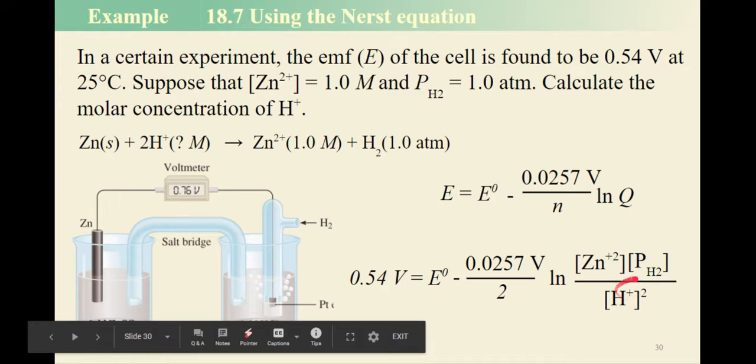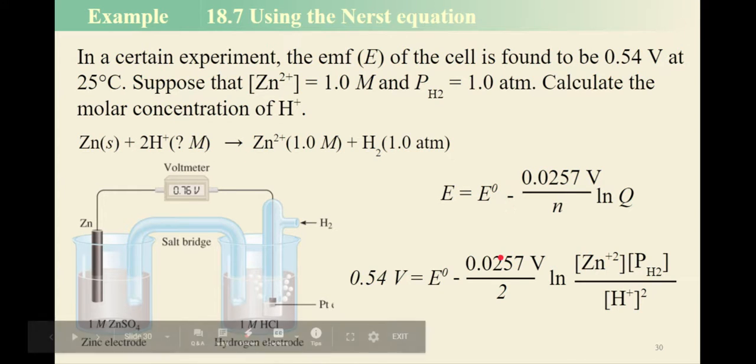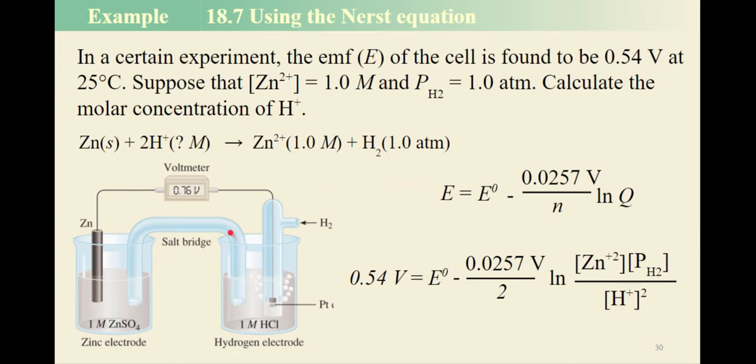And notice the squared. Now you might be wondering, why is it squared? And that's going back to equilibrium expressions. If there is a coefficient, in this case 2, we raise it to that exponent. Again, if we were to write out the half reaction, we would see there's 2 electrons being transferred, so that's why it's divided by 2.